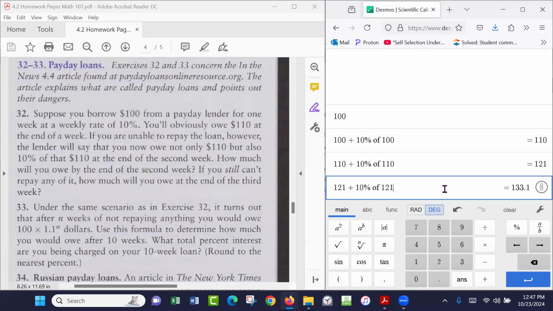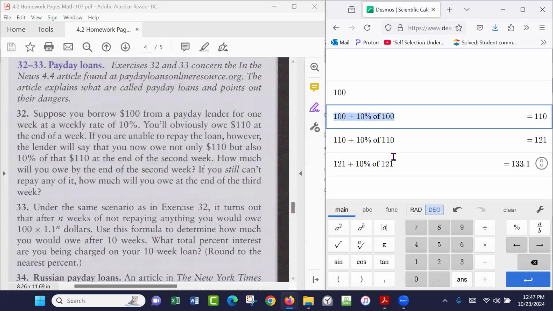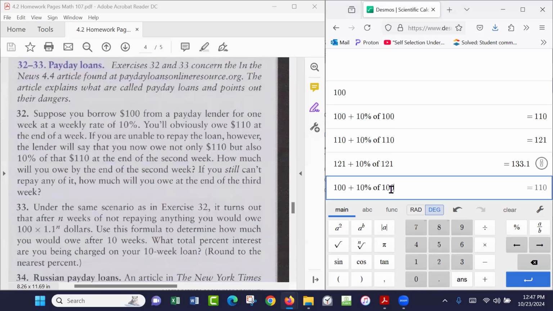But going back to the compound interest formula that we practiced, there's a neater way of doing this, where instead of 100 plus 10% of 100, we can first of all write that as 0.1, because 10% is 0.10, 0.1, right? 10% of 100, we can write that, and that gives us our 110.